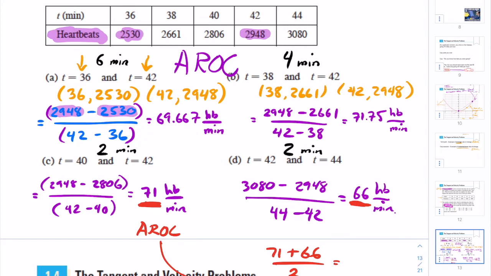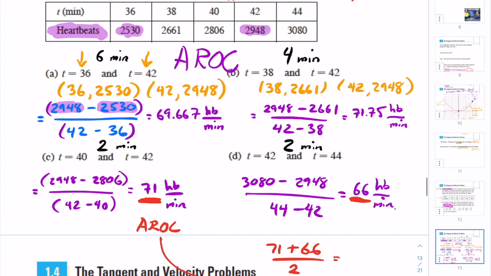Right? We can make our estimates better if we were able to find 2 points that were even closer. For instance, the 43rd minute or the 41st minute, right? If we compared the 42nd to 43rd, we would get an even more accurate estimate, right?